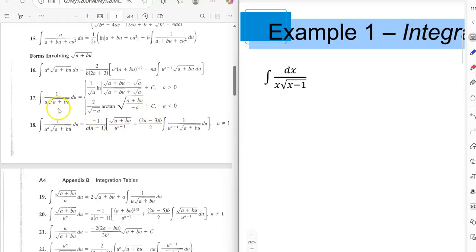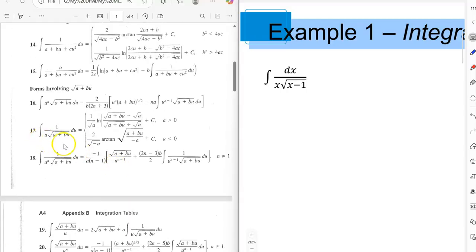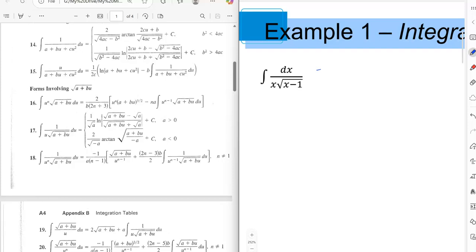To me, it looks like I may be able to use number 17 if we were to rewrite this a little bit. So let's think about rewriting that radicand as -1 plus x. So I've got my eye on number 17 here.